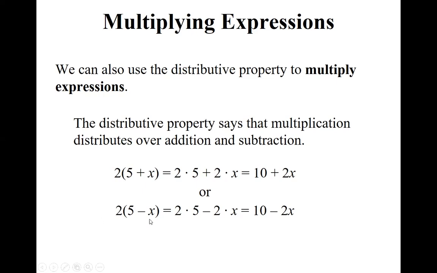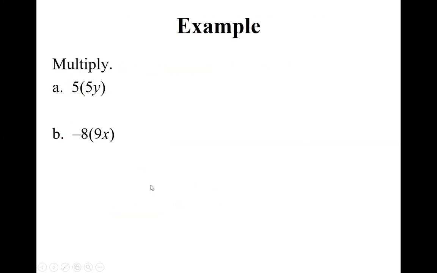If we have 2 times 5 minus x, that's 2 times 5 minus 2 times x, which can be simplified as 10 minus 2x. We don't need to use the distributive property unless we are adding or subtracting inside the parentheses.